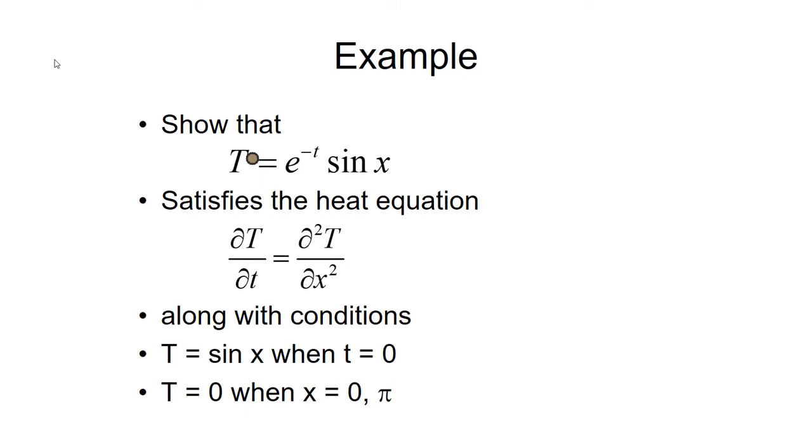We're asked to show that the temperature profile here, e to the minus t times sine x, satisfies the heat equation with the constant equal to 1 here, along with the conditions that are mentioned here. The temperature is 0 when x is 0 or pi, and the initial temperature when t is equal to 0 is sine x.